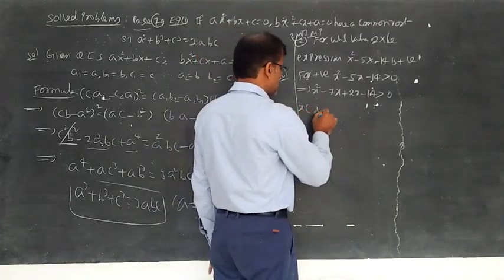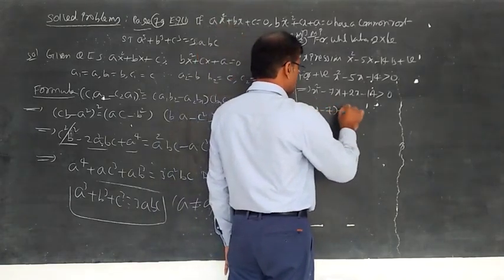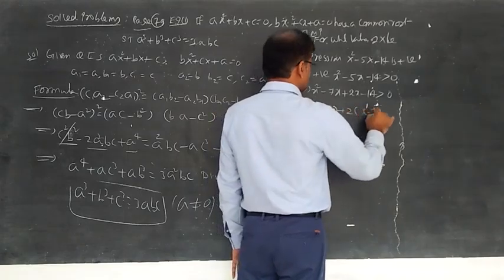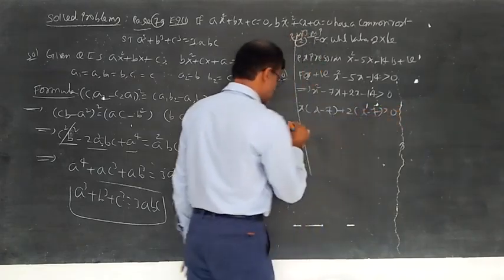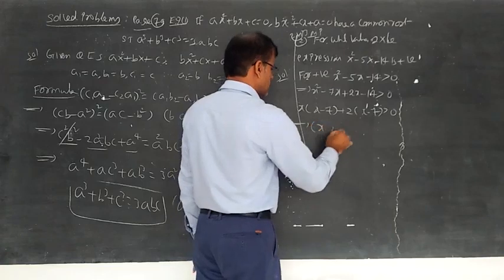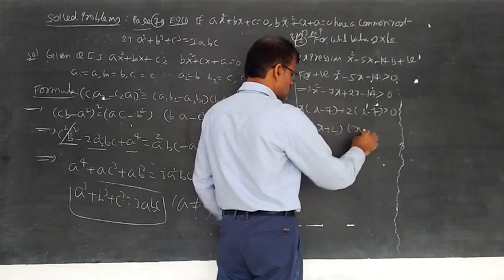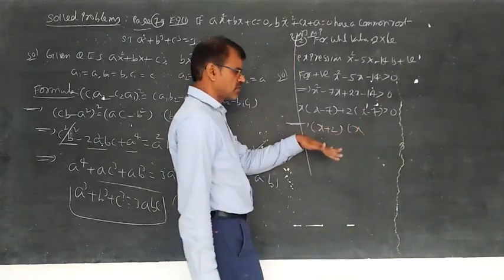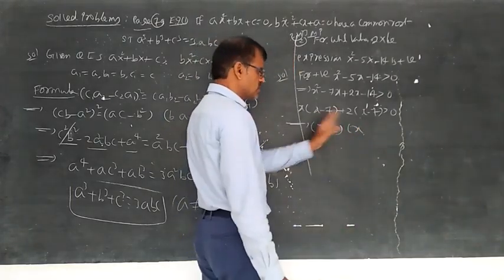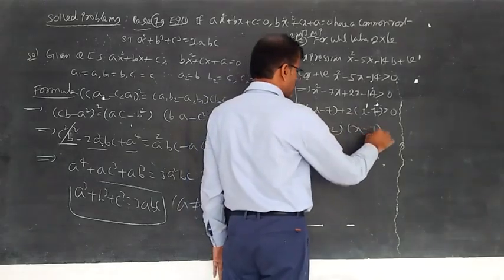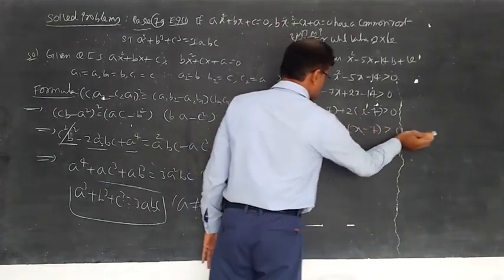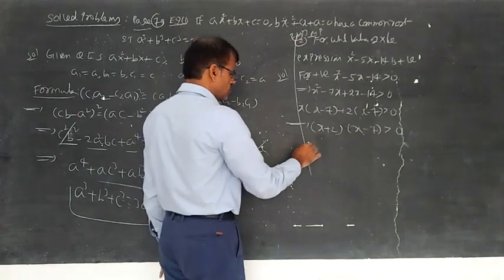Taking x common, x minus 7. Taking plus 2 common, x minus 7 greater than 0. That implies, for the interval we know that the smaller number we should write first. Here plus 2 becomes minus 2, and minus 7 becomes plus 7. Minus 2 is smaller than plus 7. You can write (x plus 2)(x minus 7) greater than 0.